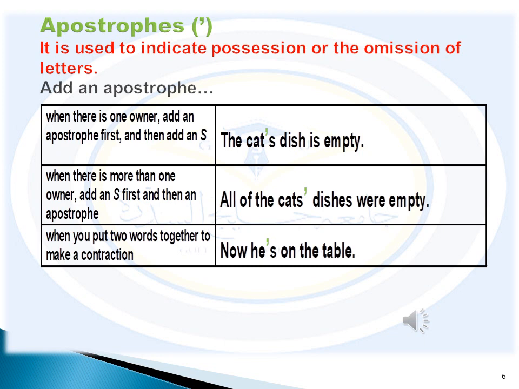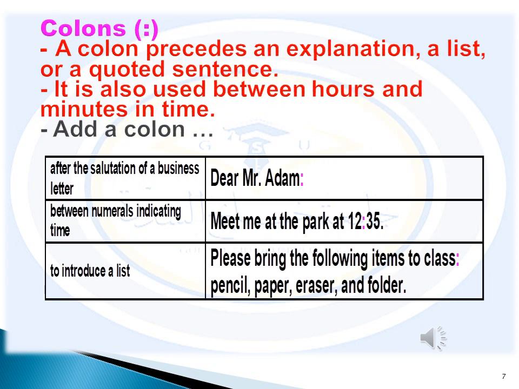We omit the a from are, and we use instead of it the apostrophe. Similarly, in he is, we join them together to form he's. He's is a contraction. We omit the I and we use he plus apostrophe s. He is on the table.